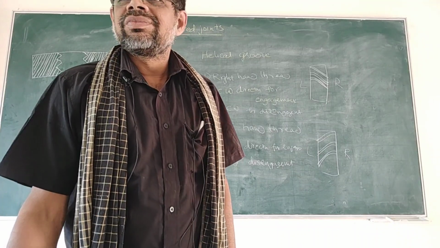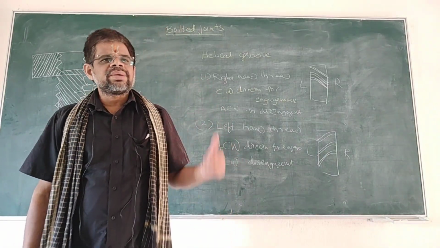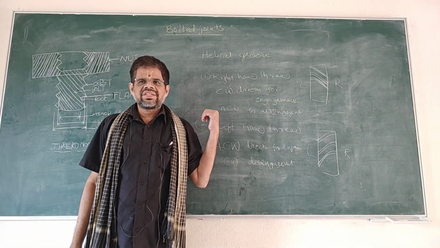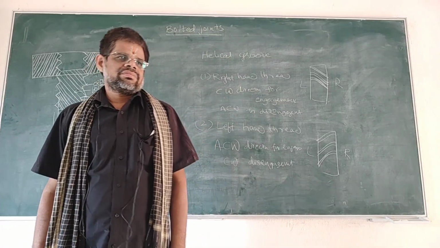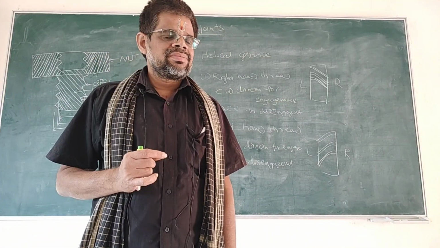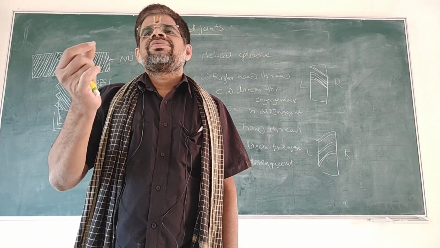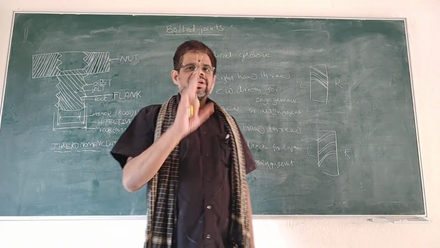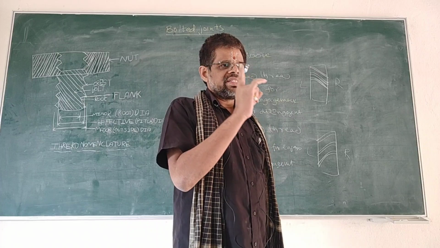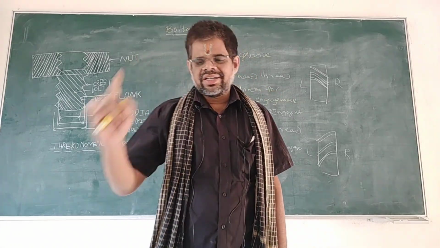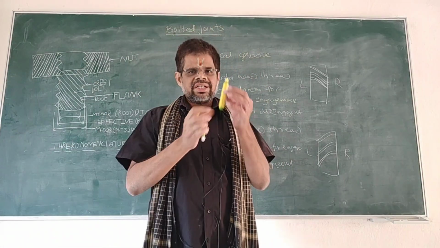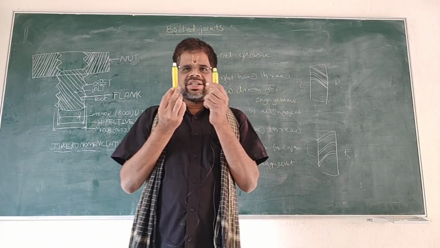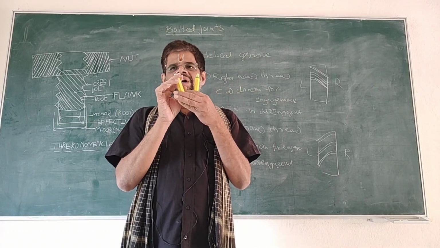What is the reason for maintaining two types of nuts, clockwise and anti-clockwise? In some applications, for example, if you take gas welding equipment, there are two cylinders, an oxygen cylinder and an acetylene cylinder. See, for example, this is the oxygen cylinder and this is the acetylene cylinder, and both consist of valves.